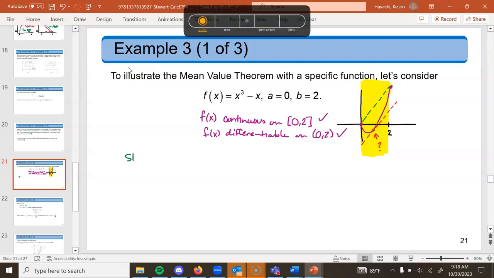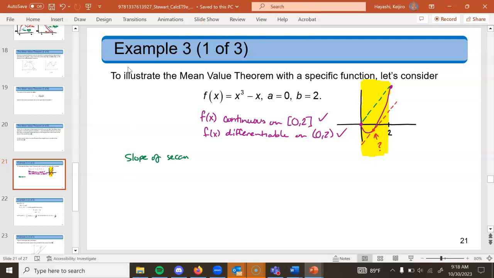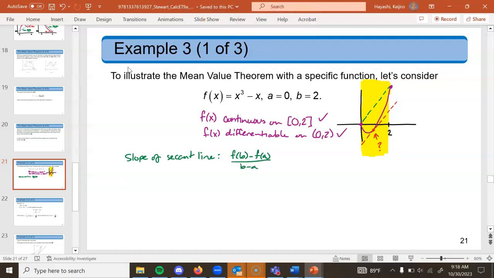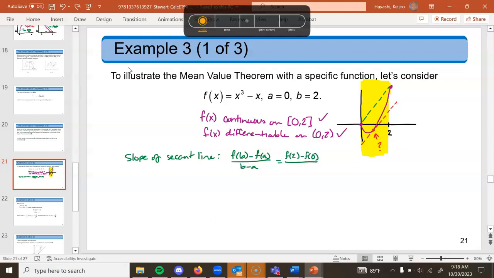So the slope of the secant line is given by that expression, f of b minus f of a over b minus a. So that's f of 2 minus f of 0 over 2 minus 0.